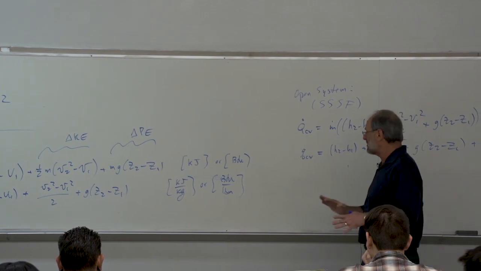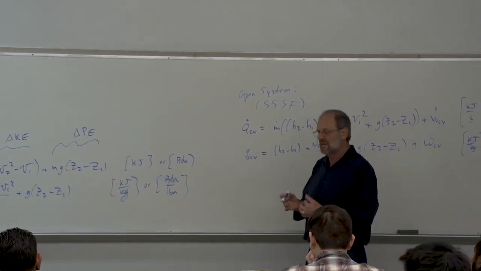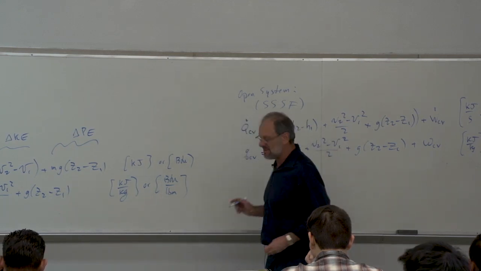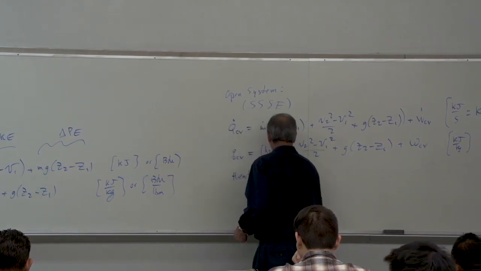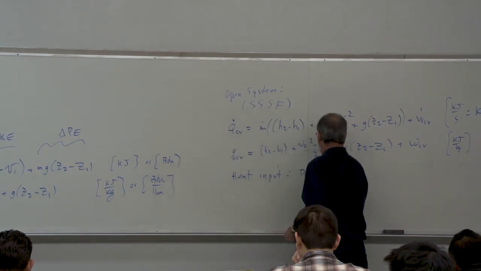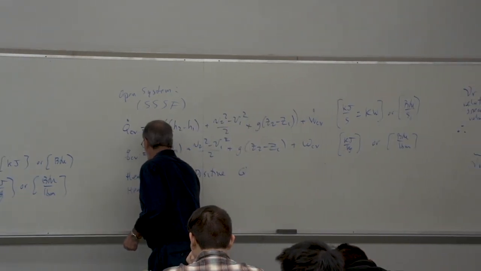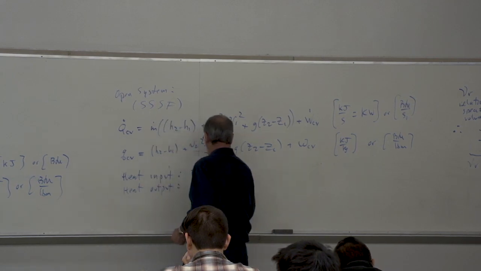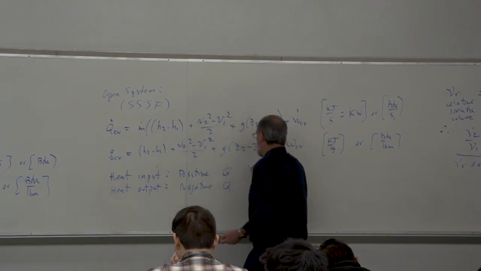I'm just going to have one work term or one heat transfer term, and then we have to use the appropriate sign convention. So if we have a positive heat transfer, in other words, heat input, means we have a positive value of Q. And if we have heat output, or rejection, if you will, then we have a negative value of Q, or lowercase q.